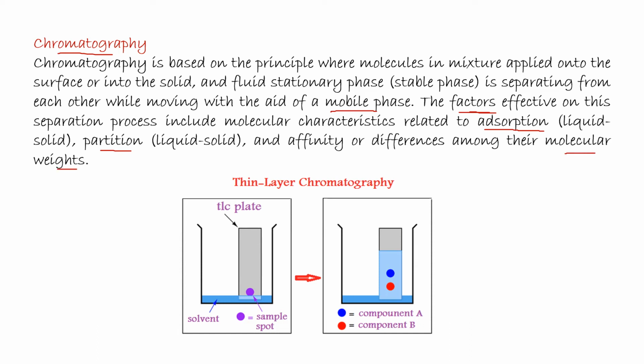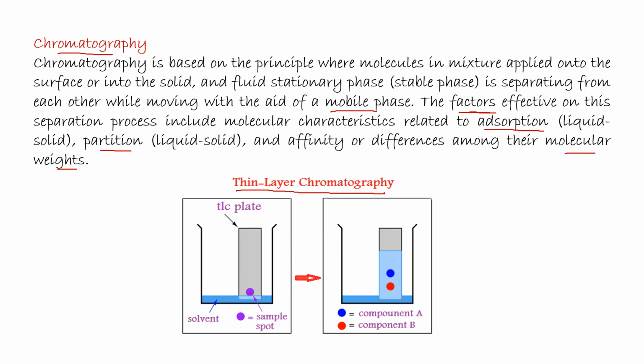Here we are going to show three different types of chromatography. Thin layer chromatography, where we have silica gel or aluminum oxide as the stationary phase, based on a piece of glass or plastic or aluminum.